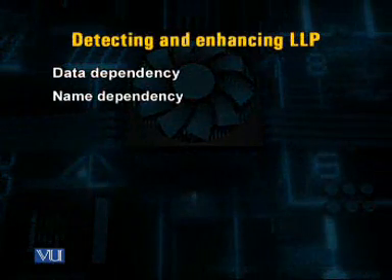Whereas the name dependency can also occur and it may be eliminated, usually by simply renaming the particular locations, as we discussed earlier when we talked about the renaming techniques. Therefore, at this stage, when we have to discuss the detection and enhancement of loop level parallelism, we will take into consideration the data dependency.